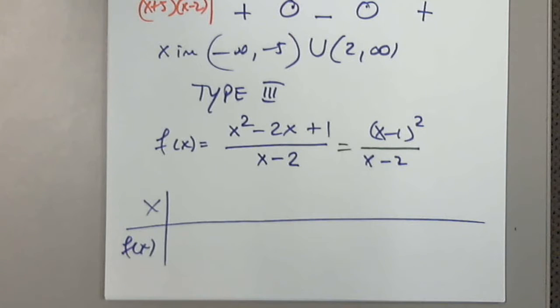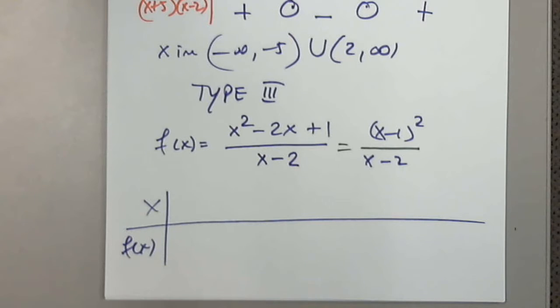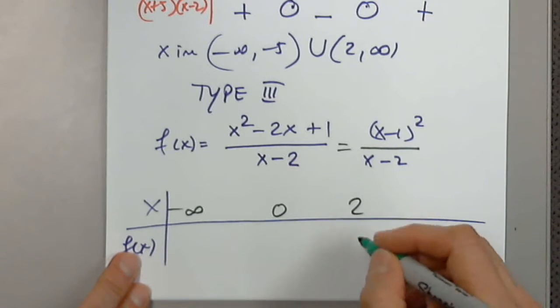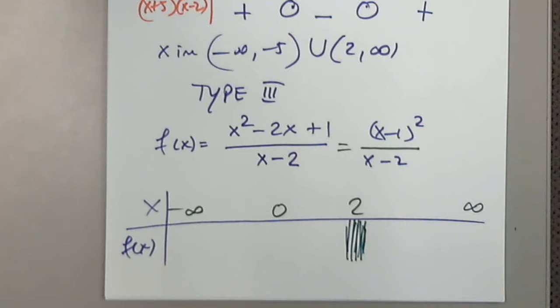So the domain will be, so I can write it, I have to put it up here, negative infinity, 2. Exactly. That's it. Once you put this in the chart, it's very clear to me that you know what the domain is. The domain is everything but 2.